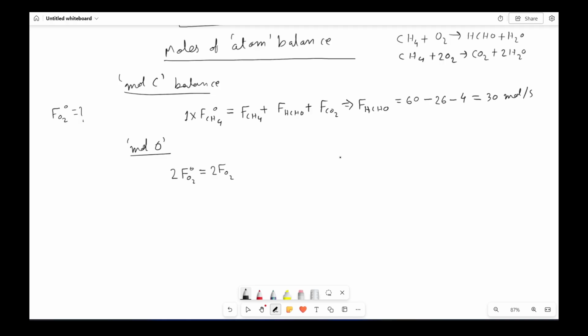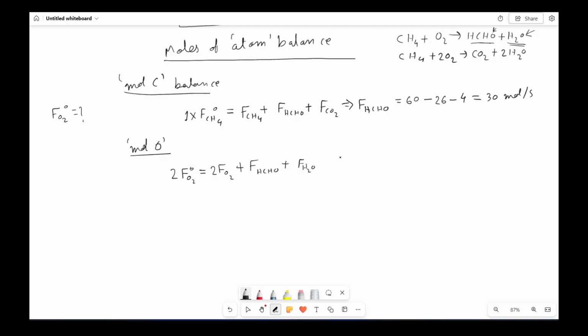Now where are the other oxygen atoms? Oxygen is also present in HCHO and in H2O. In HCHO there is a single oxygen atom, and in H2O also a single oxygen atom, so we write FHCHO plus FH2O. Any other oxygen atom?